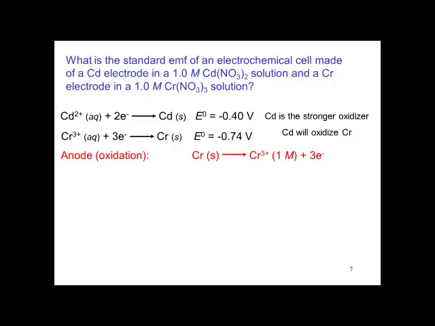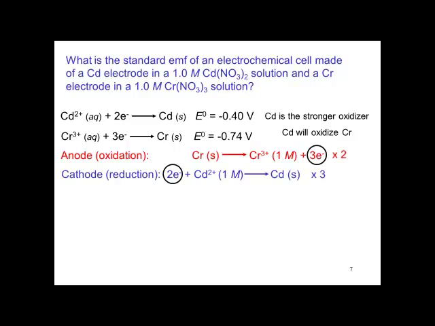Cadmium will oxidize chromium. So we're going to make the anode chromium go to chromium 3+, and the cathode Cd 2+ plus 2 electrons yields cadmium. We have 3 electrons in the oxidation, 2 in the reduction.